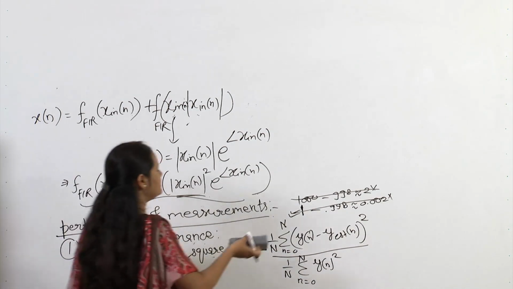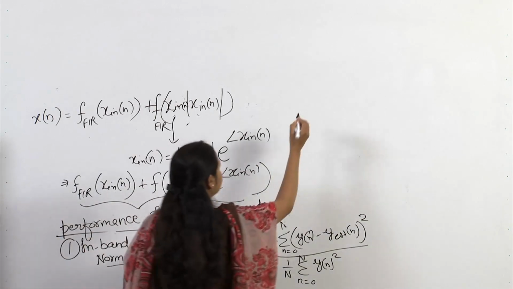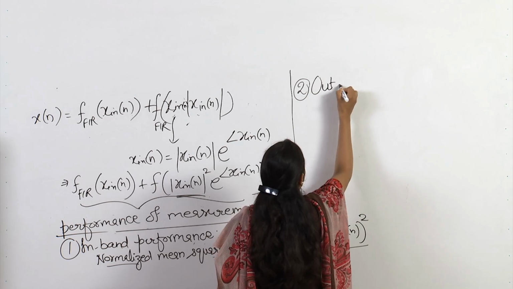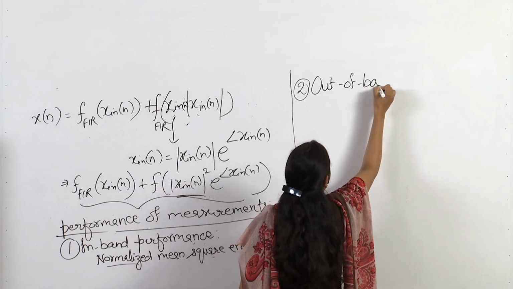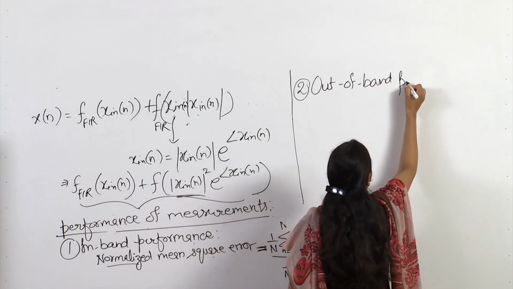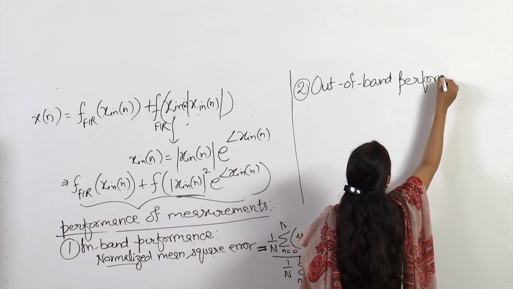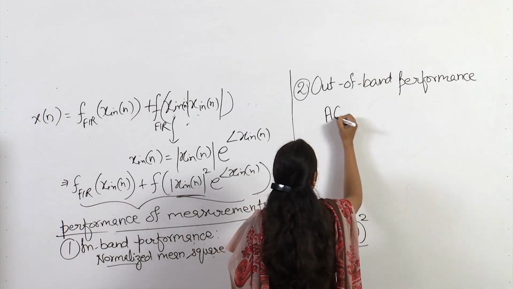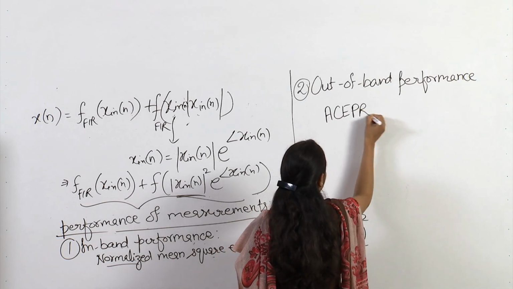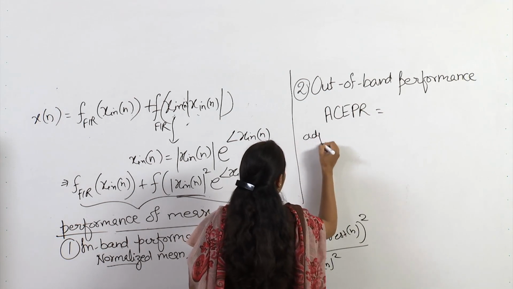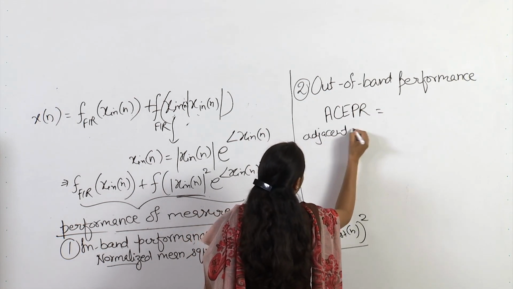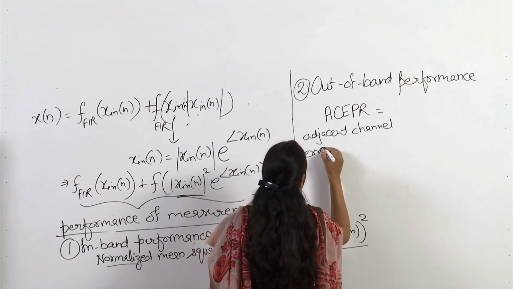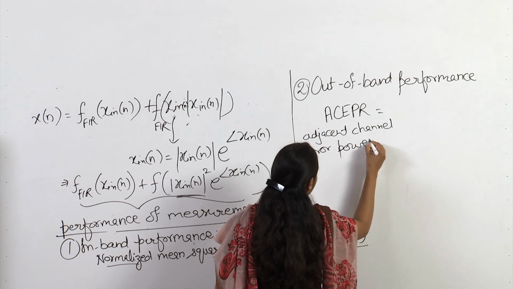Another performance measurement, for the out of band performance, can be given by ACPR, adjacent channel error power ratio.